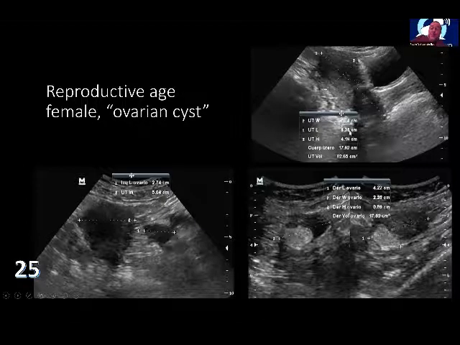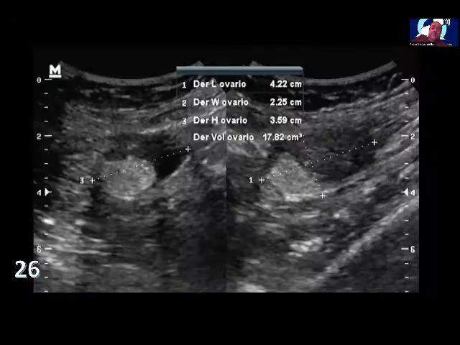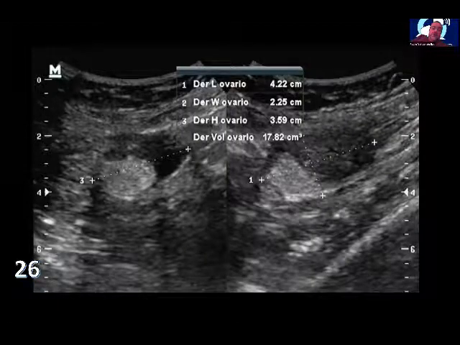The uterine length, the right ovary with the mass inside, and a zoomed approach of the mass, which shows basically what we already know.